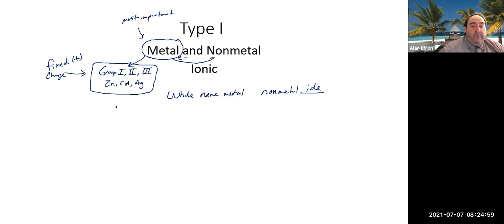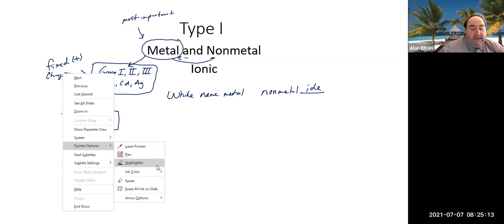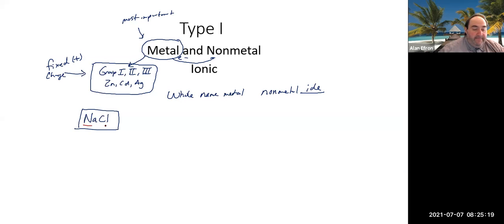So again, when we look at NaCl and try to identify what is going on here, the first thing we see is that it is a metal and a non-metal. That tells us it is an ionic compound.